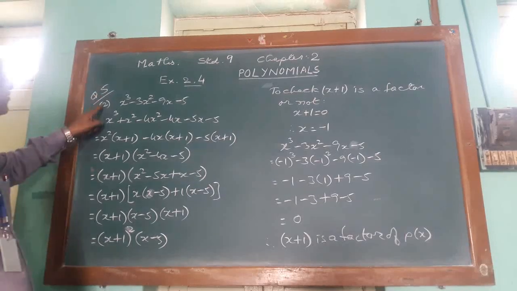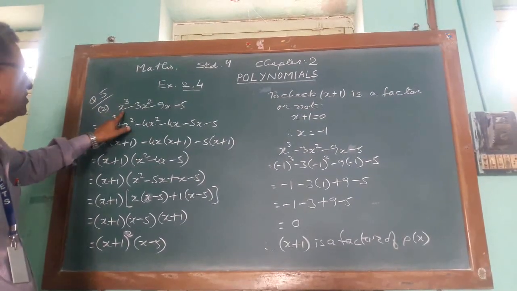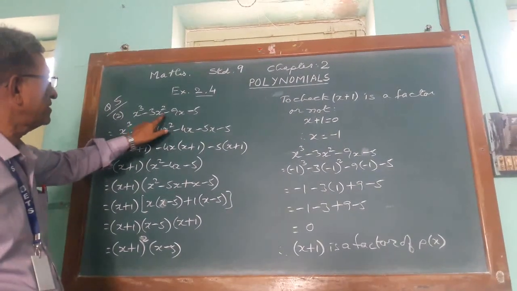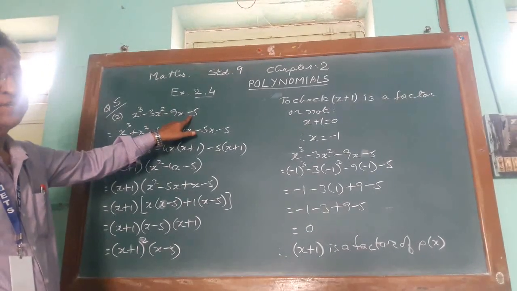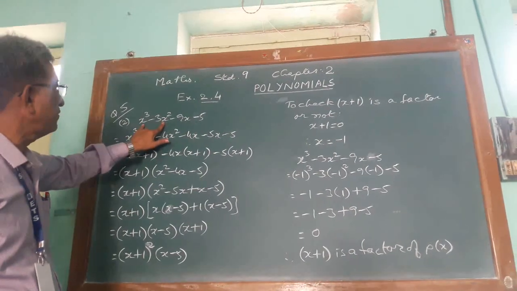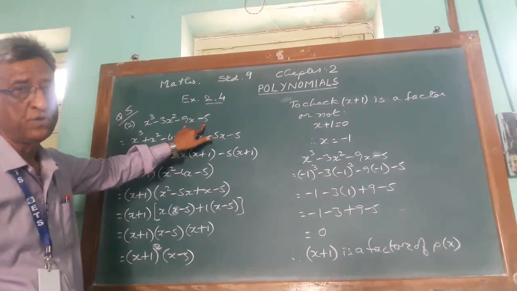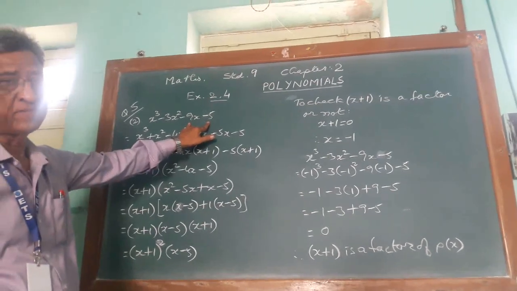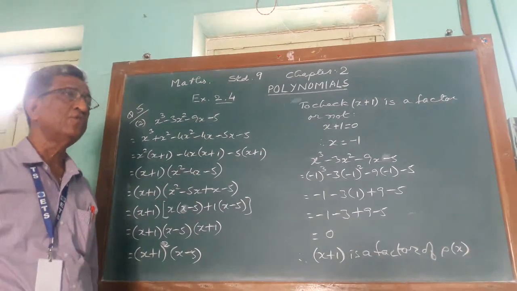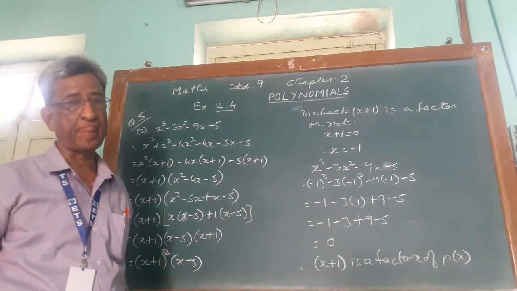Now question 5(2). x cube minus 3x square minus 9x minus 5. Here you will see that if you take out common from the first two and last two, you won't get the same number in the bracket as in the previous sum. So here you have to find out which factor will be there.